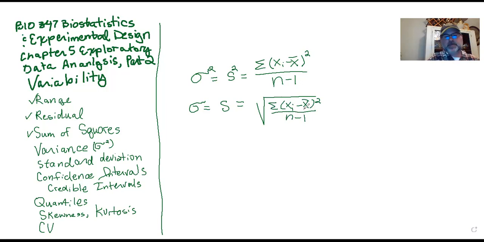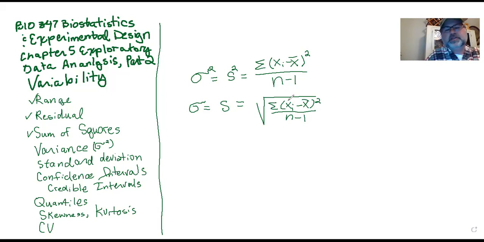Okay, and so by taking the square root of the square, you get back to your original units. So if you're measuring something in centimeters, the standard deviation is going to be also in centimeters.